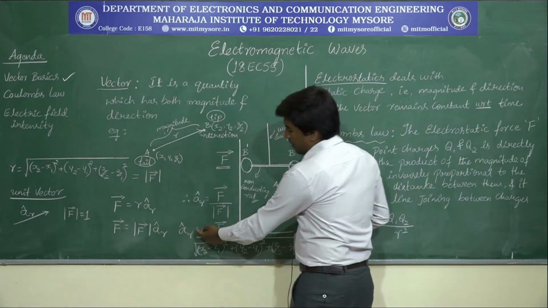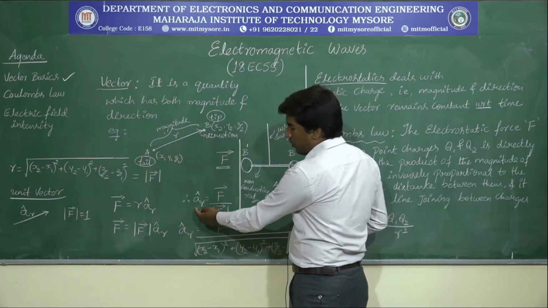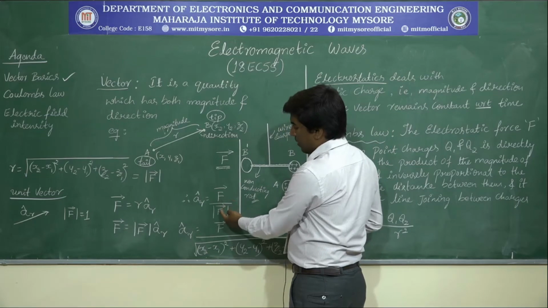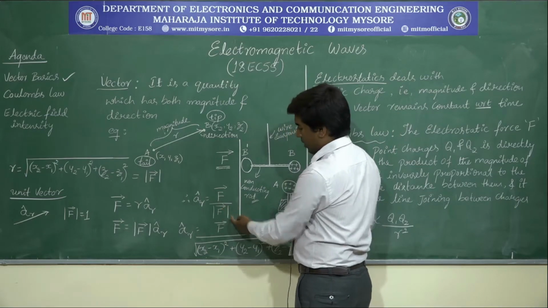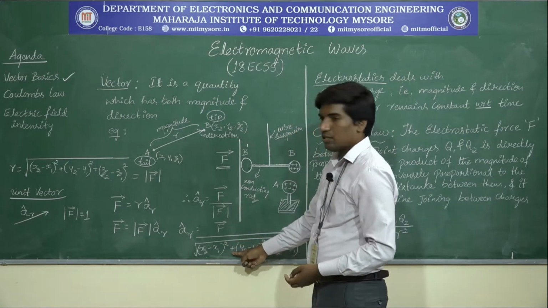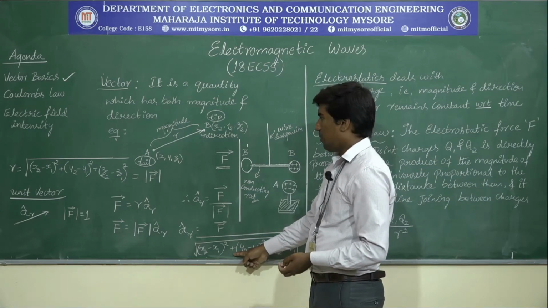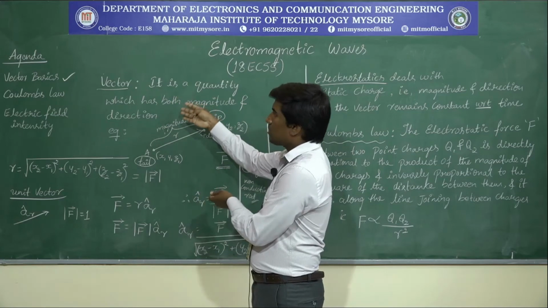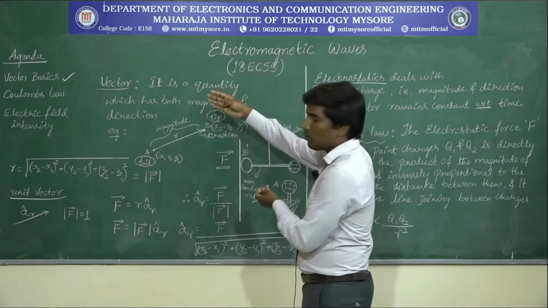Then the unit vector a_r cap is equal to F divided by the magnitude of this vector, which is also represented in this form by using the analytical formula. So this is all about the vector basics, which we need to use for defining Coulomb's law.